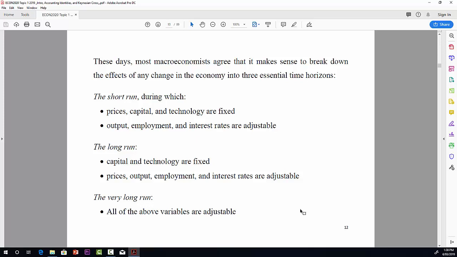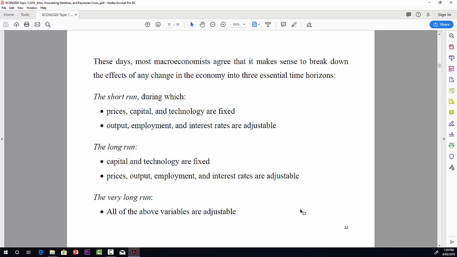Now, as you move for a longer run into what's known as the long run, once again, the level of capital and technology are fixed. So two things are fixed now, but prices are allowed to vary. So prices, output, employment, and interest rates are now adjustable in the long run.